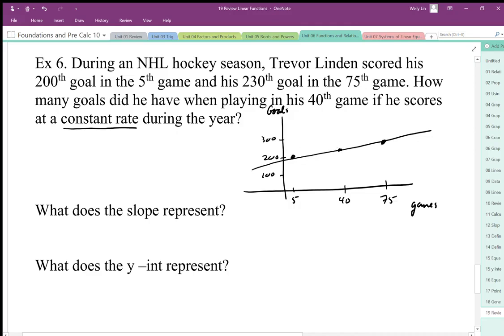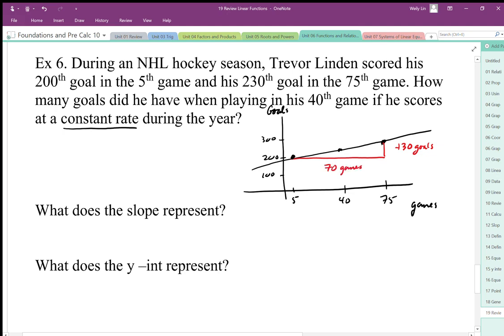So let's work this out. We want to find the equation of this relationship, so we need the slope. I'm going to calculate the slope of this straight line relationship. I know he gained 30 goals in 75 minus 5, which is 70 games.